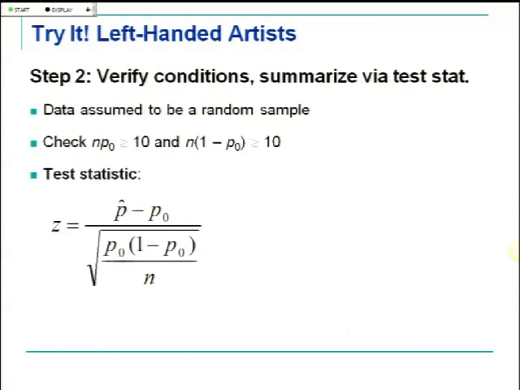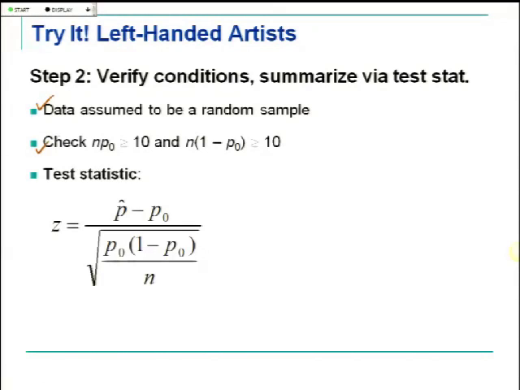Now, the test can be done only if a couple conditions are met. The first condition is the standard one. You have to have a representative sample from your population, or it doesn't make sense to proceed. We were told that we have a random sample of artists. We can extend the results to the population of artists like our sample represents.